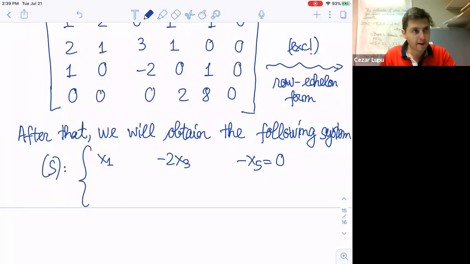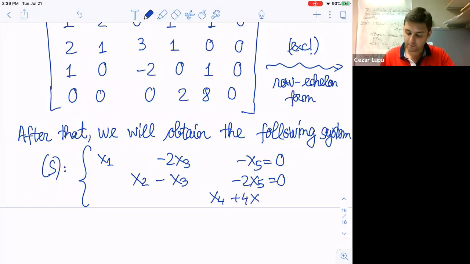Okay, then the next one will be x2 minus x3 minus 2x5 will be 0. And then the last one will be x4 plus 4x5 will be 0.